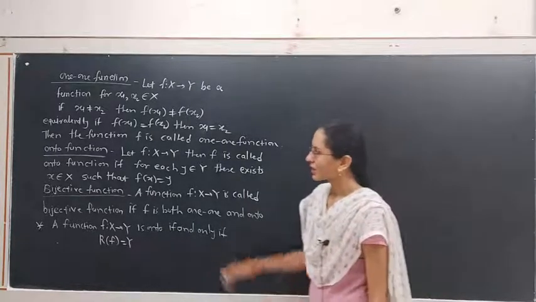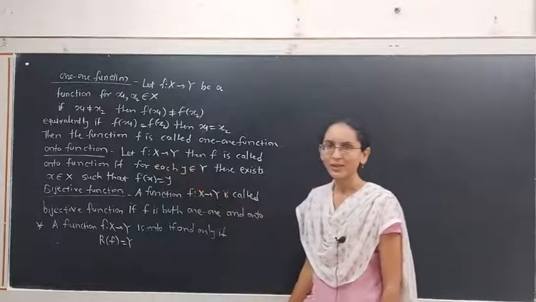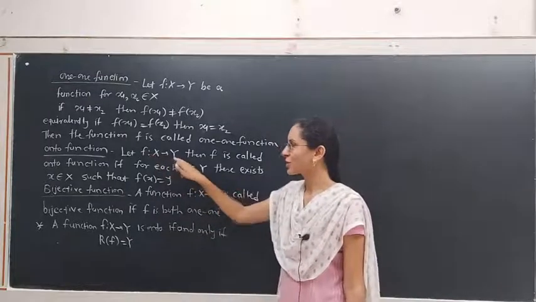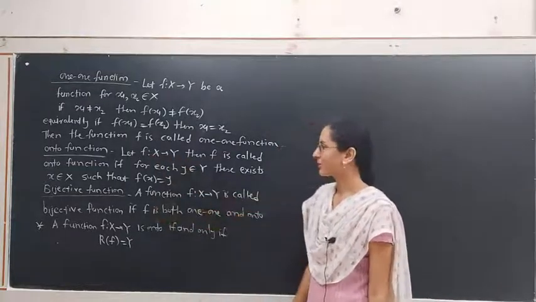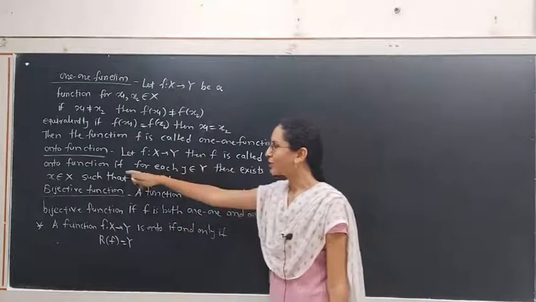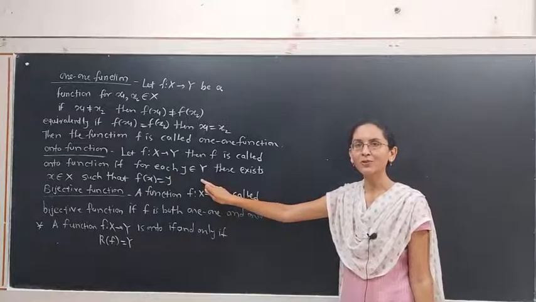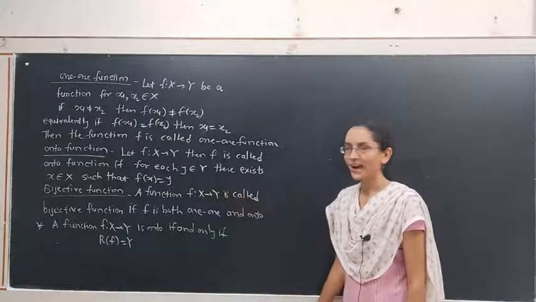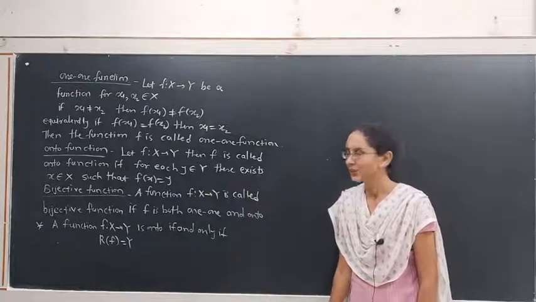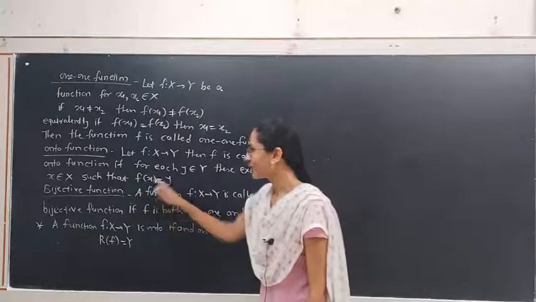Onto function, let f from X to Y means what? X is domain of the function f and Y is codomain of f. Then f is called onto function if for each y belongs to Y, for each element of codomain set, there exists an element of domain set such that f of x is equal to y.